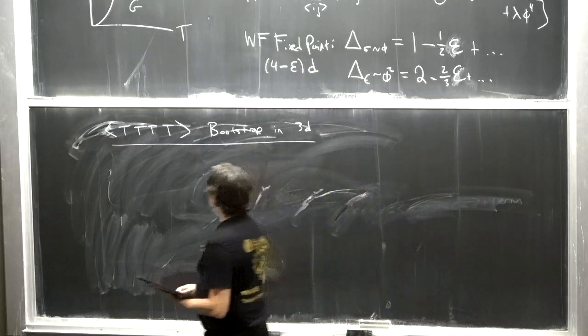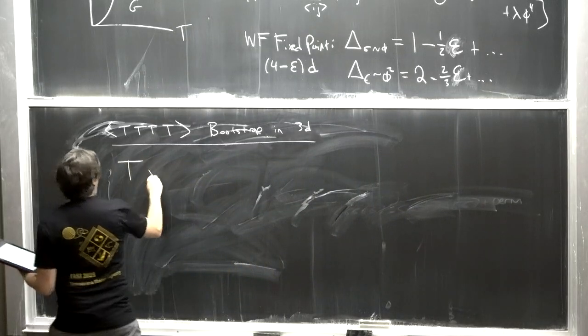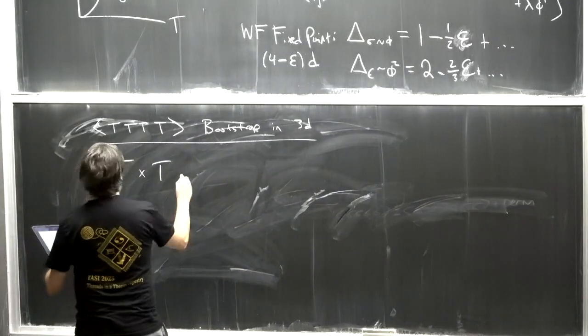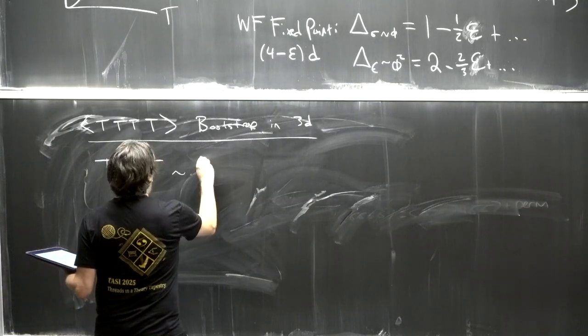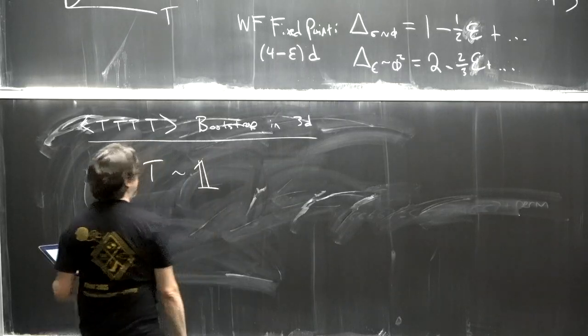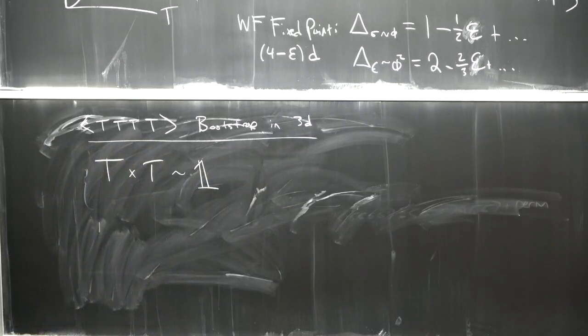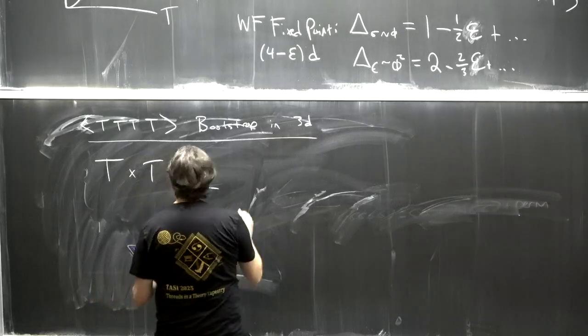Okay, so first of all, let me just remind you. If I take the OPE of two stress tensors, what do I get? Well, there's still an infinite number of conformal primaries. You have the identity operator.